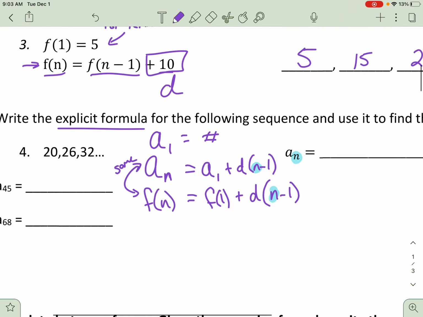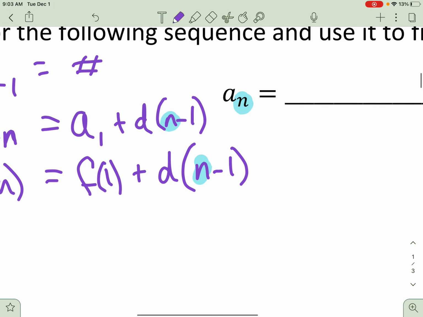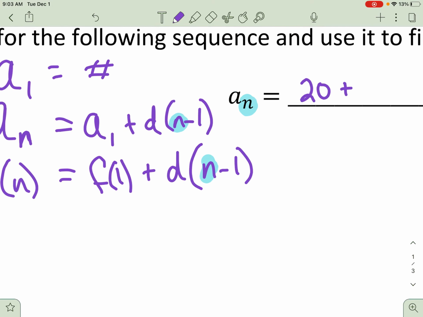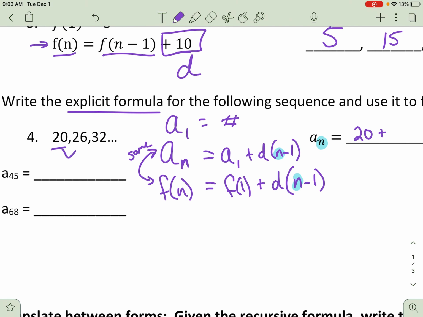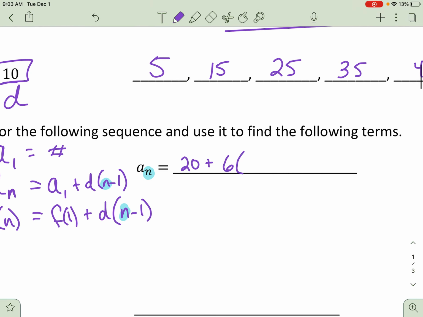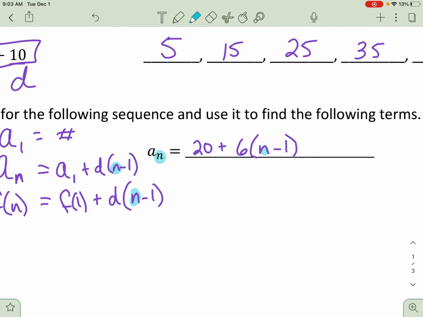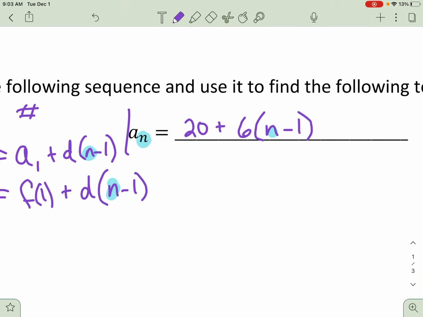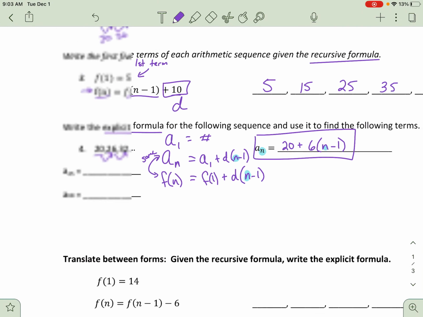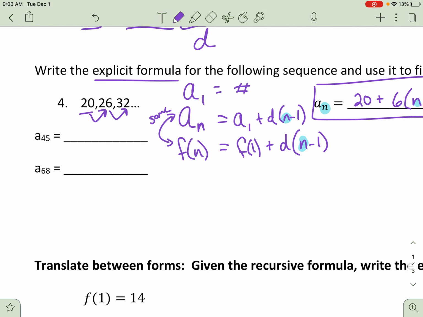Our first term in this case is 20, so we're going to put this 20 first, plus the common difference, which is 6 in this case. It goes up 6, times n minus 1. Notice we kept the n. Okay, that's the entire formula. All right. Now we use that formula to find these terms. For instance, a of 45, substitute 45 for the n's.